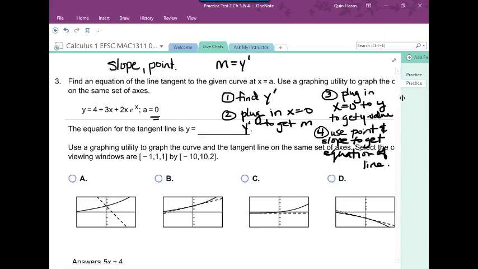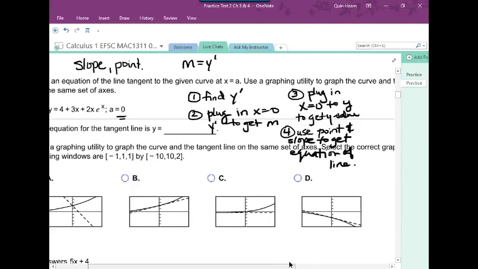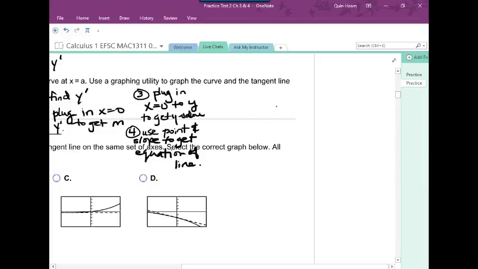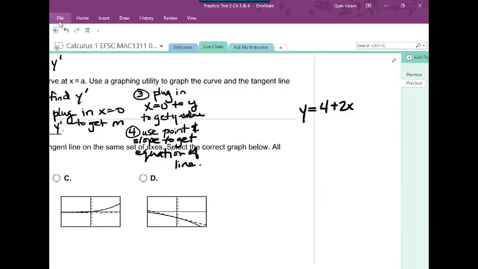Okay, I might need to slide over and make myself some space here. So the function is y equals 4 plus 3x plus 2x e to the x. Okay, so y equals 4 plus, was it 2x? 3x. 4 plus 3x plus 2x times e to the x.